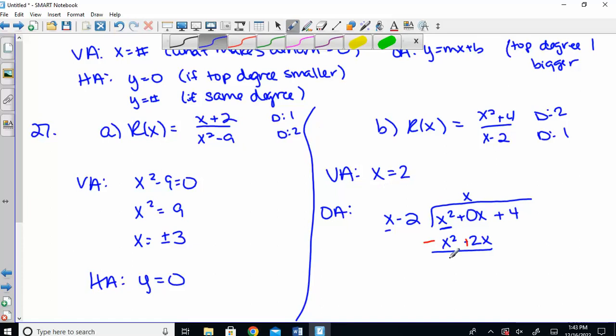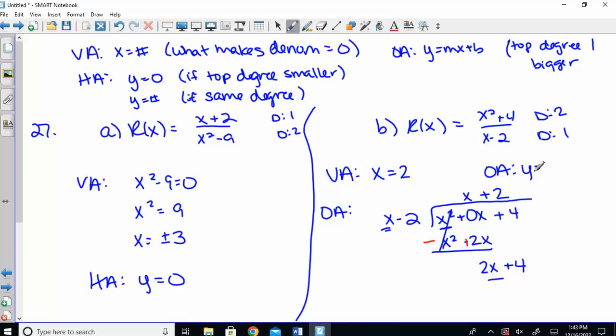We distribute a negative because we want to subtract that off. So those cancel. So we get a 2x and a 4. And then we're back to repeating. So what's 2x divided by x? 2. And that's actually all we need. So our oblique is y equals x plus 2.